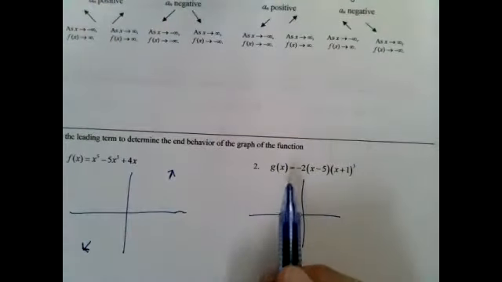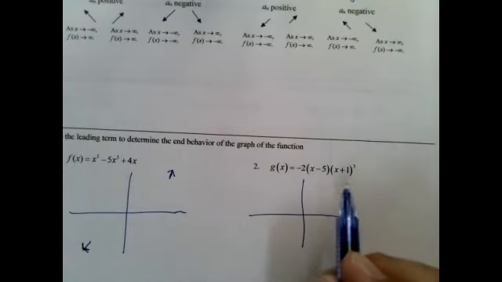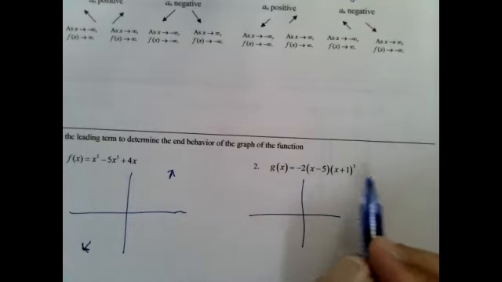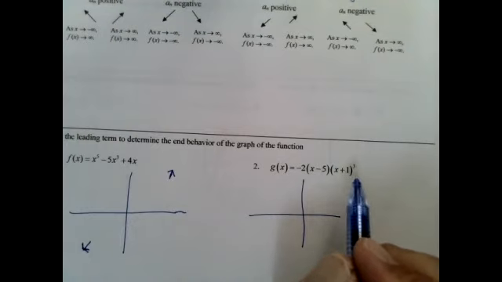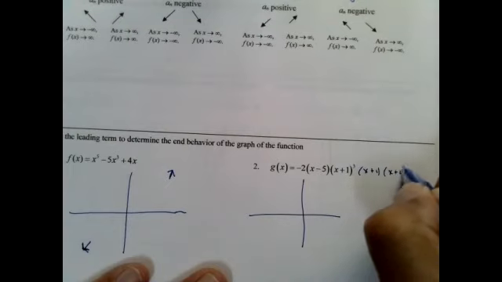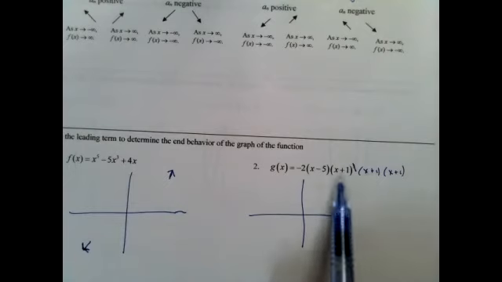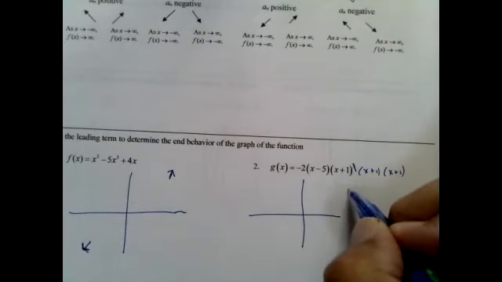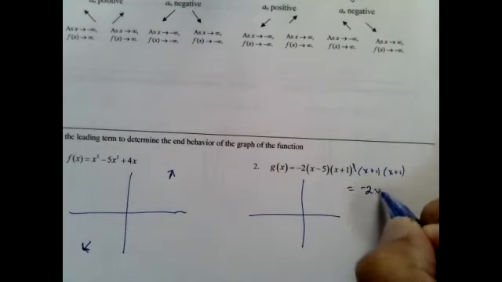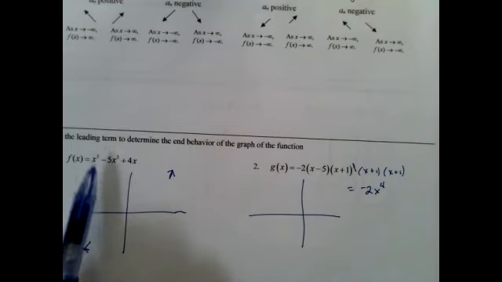What's the degree here? Well, I have a bunch of stuff going on. I have a leading coefficient that's negative, but if I wrote this out 3 times, and then I took x plus 1, if I wrote this out 3 more times, and if I multiply them all together, it looks like I'd have something like negative 2x to the fourth as my leading term.